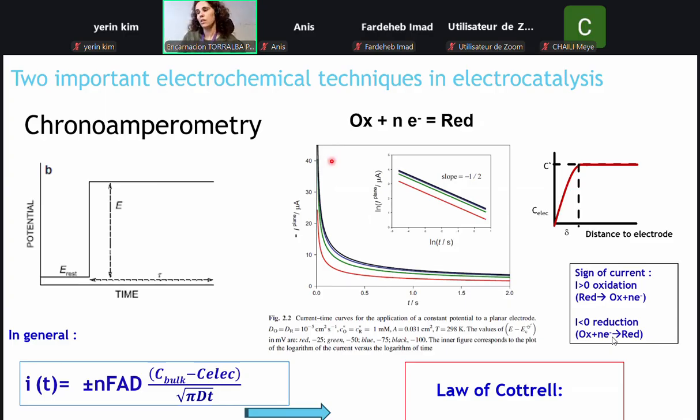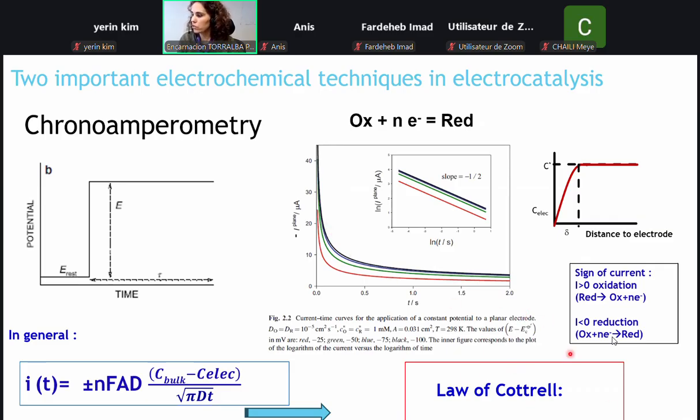Then as diffusion starts working, we have fewer species arriving by diffusion, so it reaches a limit. The current decreases with time by diffusion. And if we wait too long, or if we apply a large potential, eventually it will go to zero.